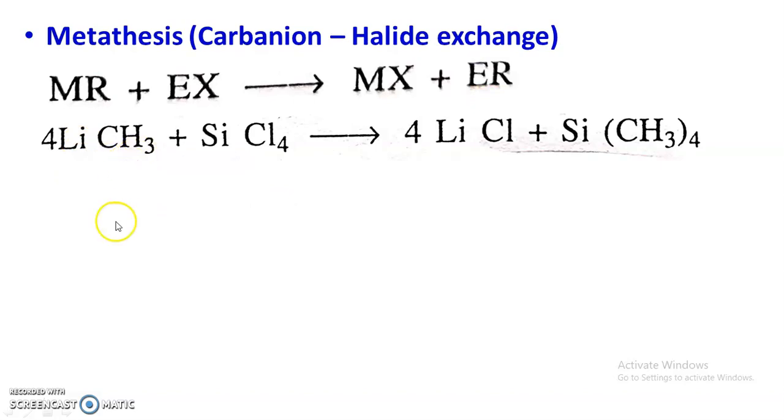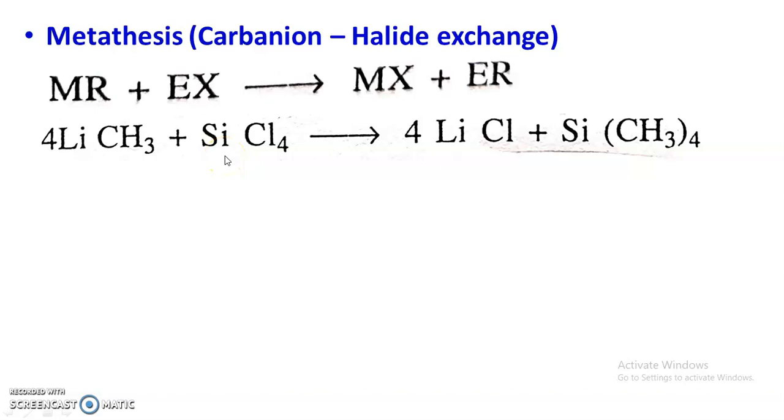For example, when methyl lithium is mixed with silicon tetrachloride or tetrachlorosilane, actually lithium has an electronegativity equal to 0.98 and the electronegativity of silicon is 1.9, and therefore the methyl group or this carbanion exchanges with silicon.